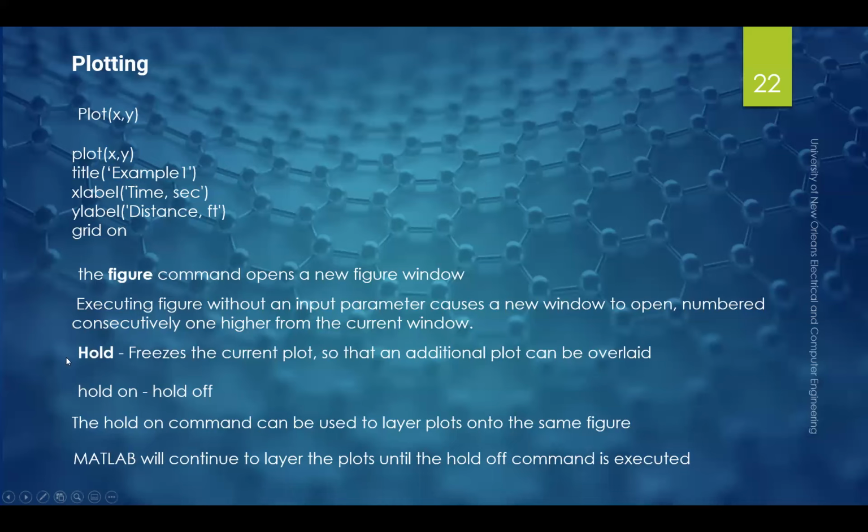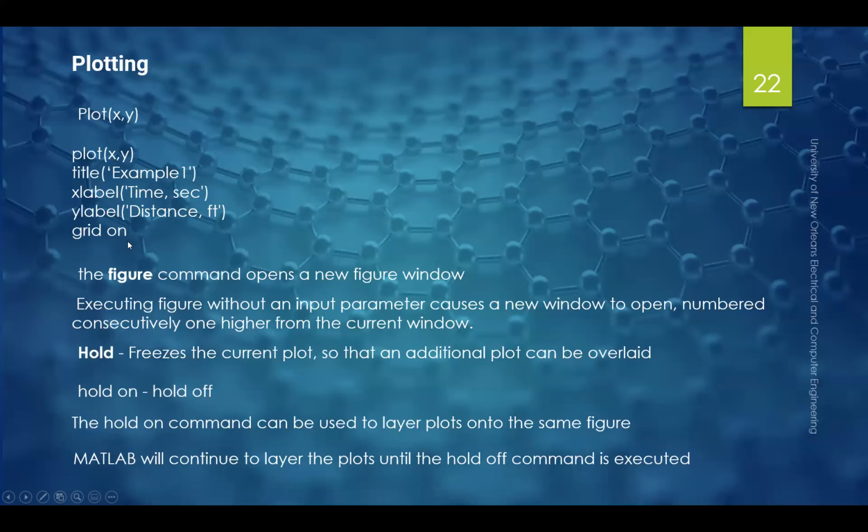So in this example, title in single quotes, in parentheses, 'Example 1' will show us the title. xlabel, again in single quotes, in parentheses, will place 'Time, sec'. ylabel in this case will place 'Distance, ft' along the y-axis.